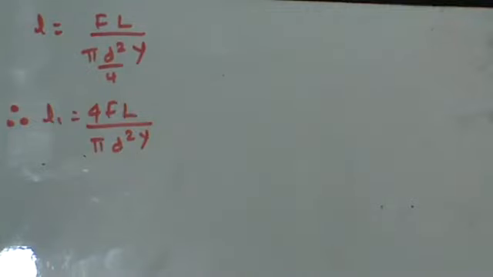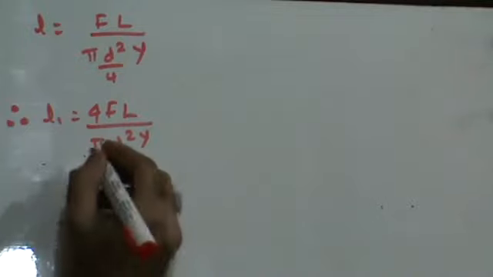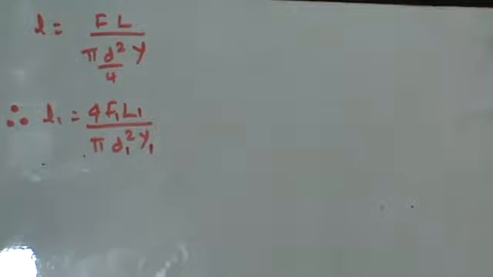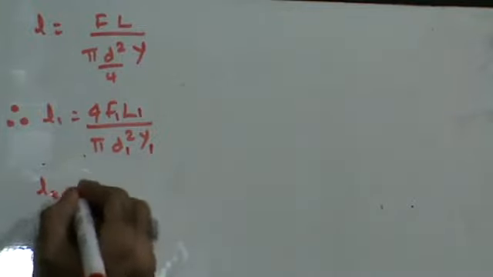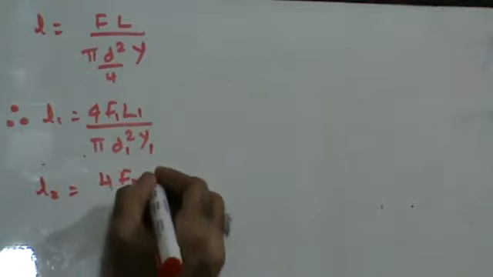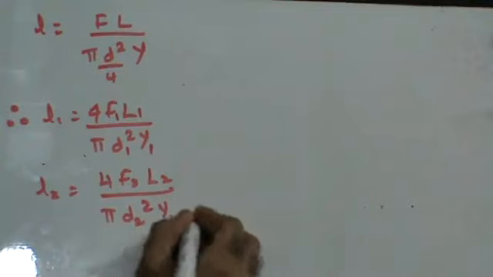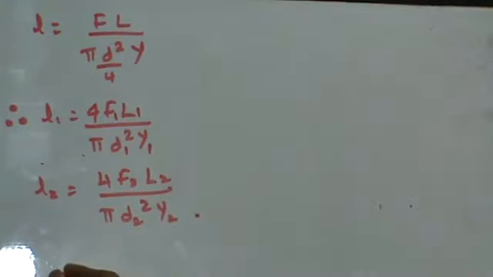Now what have they asked you to find out? They have asked you to find out the ratio of the extensions. If l1 is this, here I can put everything as 1, right? Now similarly I can say that l2 is 4 F2 L2 upon pi d2 square Y2. Divide equation 1 and 2.